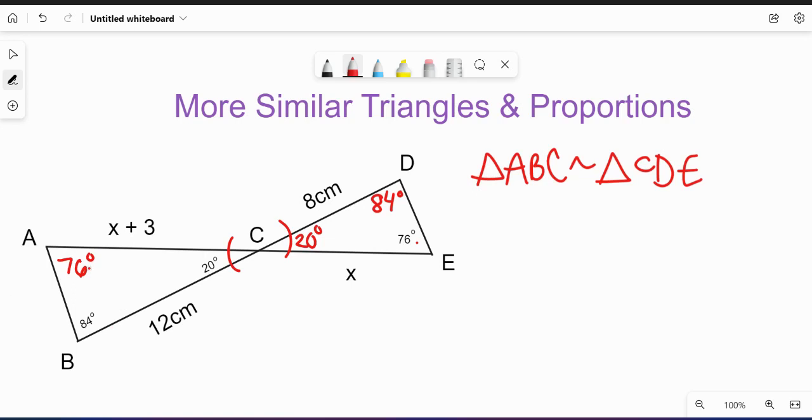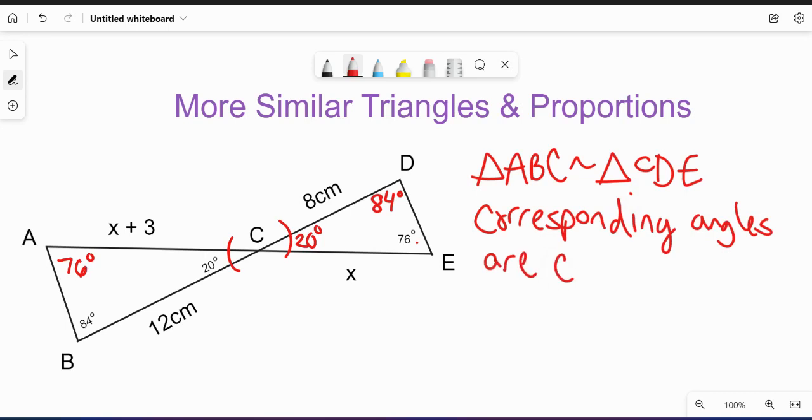Because their corresponding angles are congruent. All right, so we know they're similar. That's an E, for anybody trying to figure out what letter that is. There we go. All right, so corresponding angles are congruent.